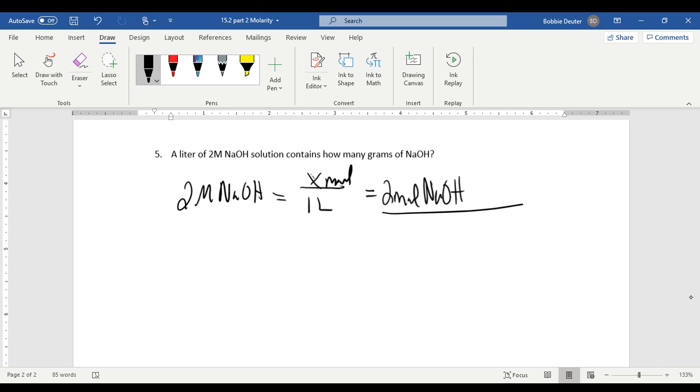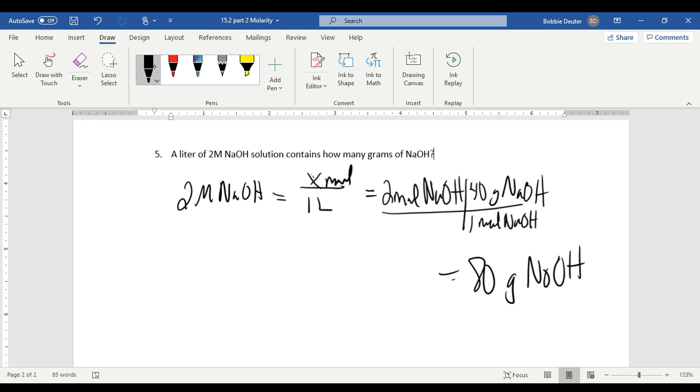We know that 1 mole of NaOH is equal to the molar mass of NaOH, which in this case, I apologize, I'm giving you the answer. The molar mass of NaOH is 40 grams of NaOH, and the answer would be 80 grams of NaOH.